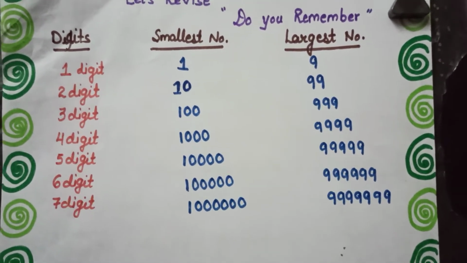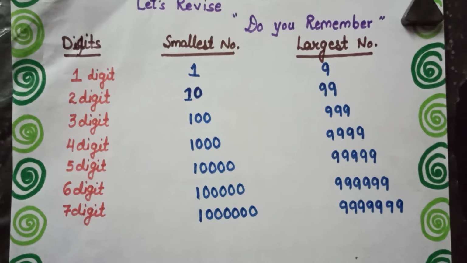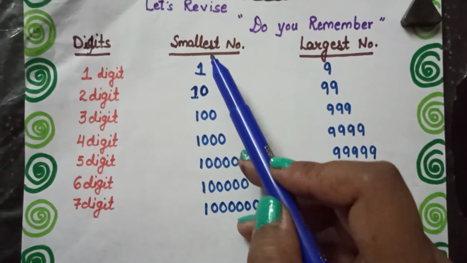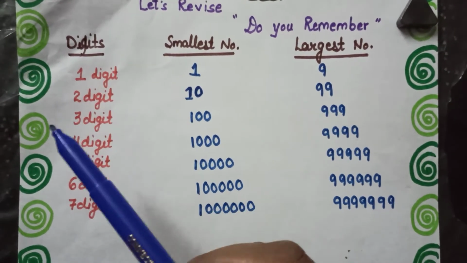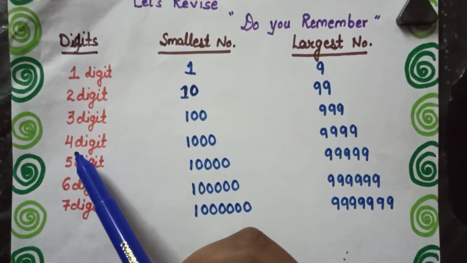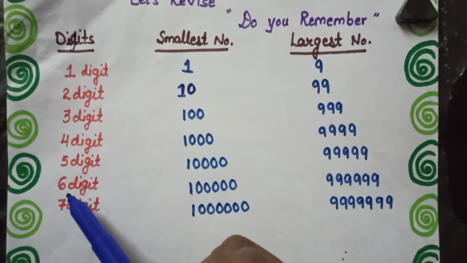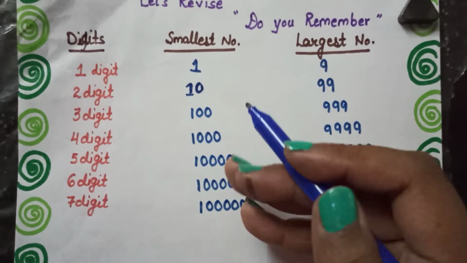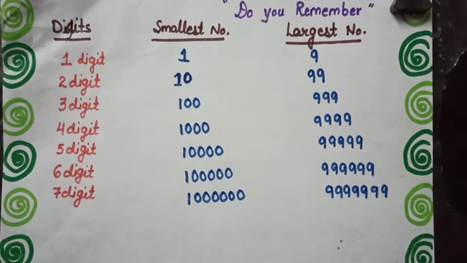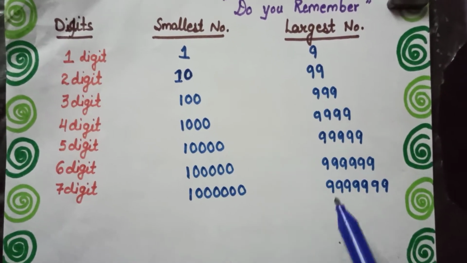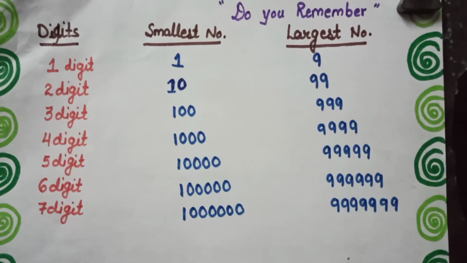So this is how we have understood how to write the smallest number and largest number of 1 digit, 2 digit, 3 digit, 4 digit, 5 digit, 6 digit and 7 digit. And this is how it will go on, in the same manner.